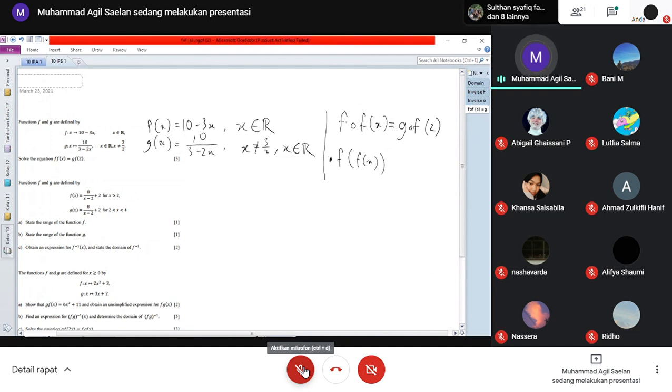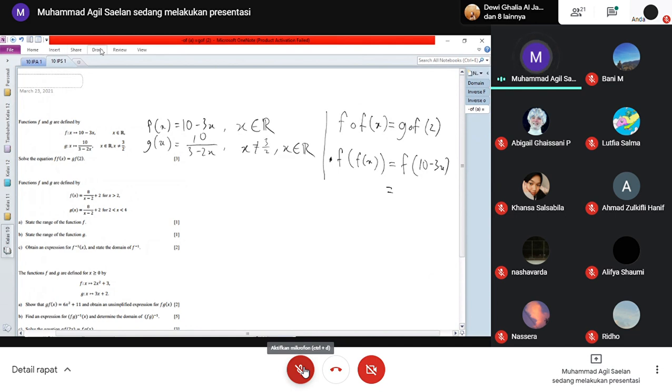Let's break it down. First one is f of f of x, which is f of 10 minus 3x. So now we use 10 minus 3x as an input for f.